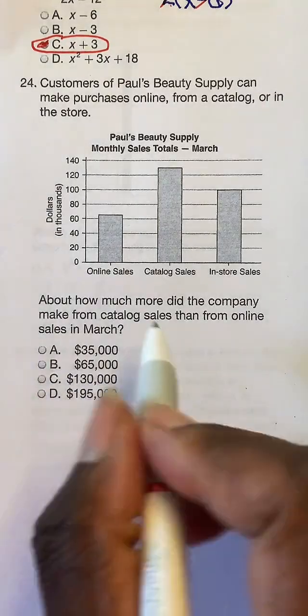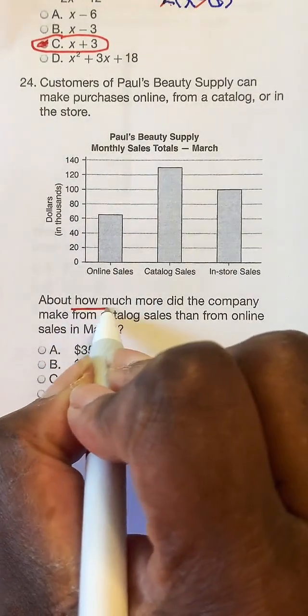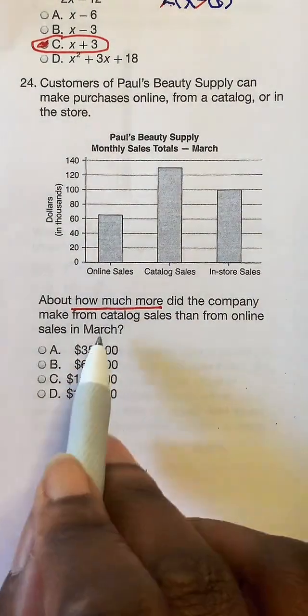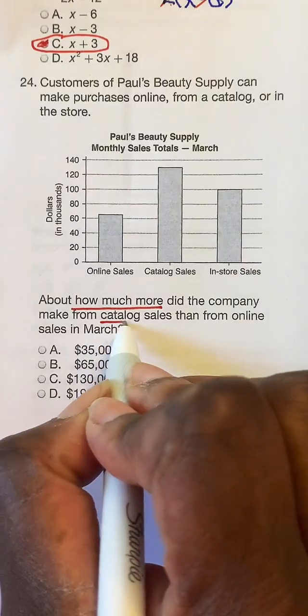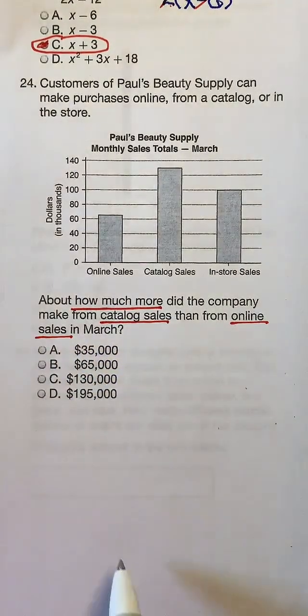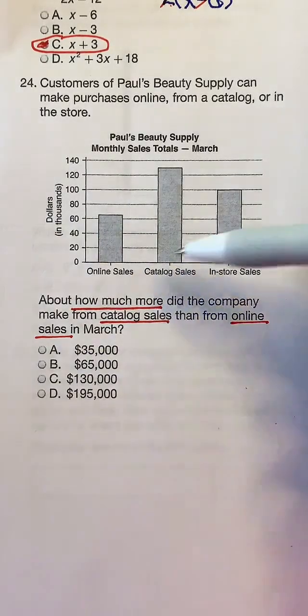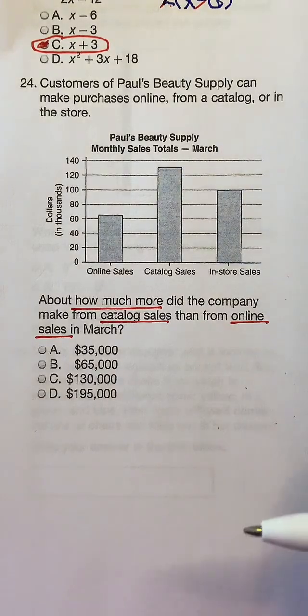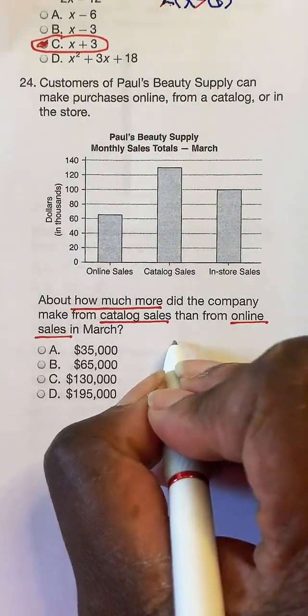All right, so when they're saying how much more, that means it's a difference. So we are doing the comparison of the catalog sales from the online sales. If we take a look, the catalog sales is roughly about 130,000, we can say about that.